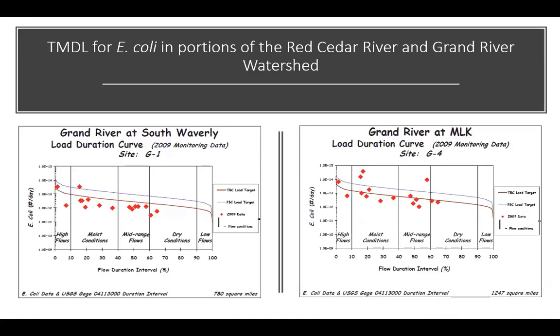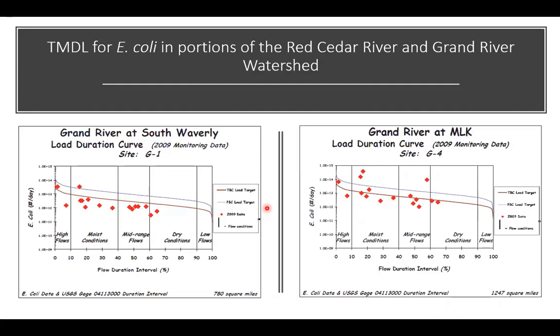Now, given what you see here, next time we have a high flow condition and you see a kayaker at the rapids, what recommendation would you make to that kayaker?